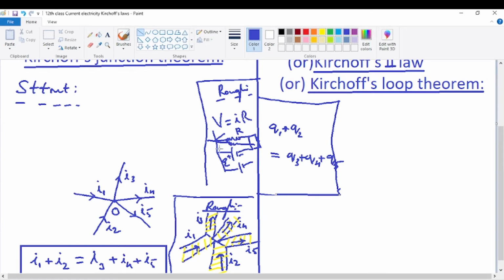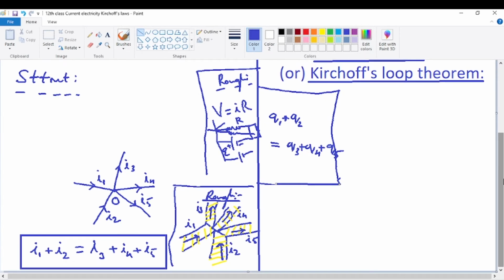Here is one loop, and this is another loop. Like that, a third loop, a fourth loop, many loops. For each closed loop, which is a part of many other closed circuits, the law is separately applicable. Now I'll take a very simple situation.